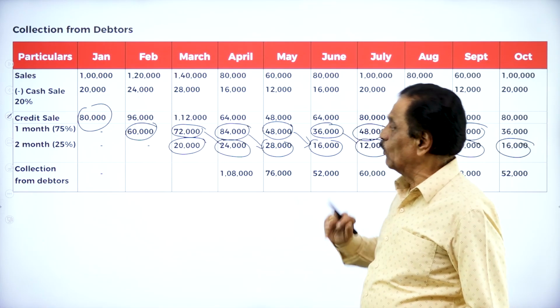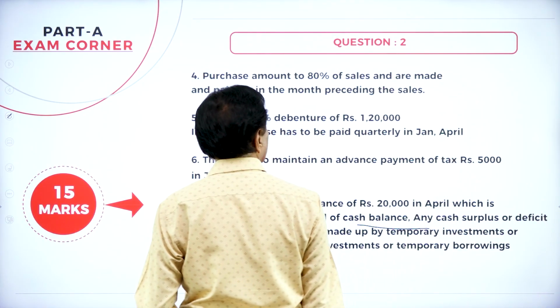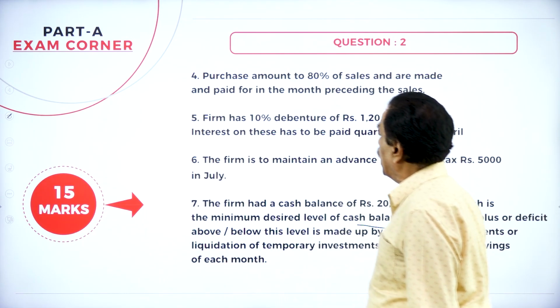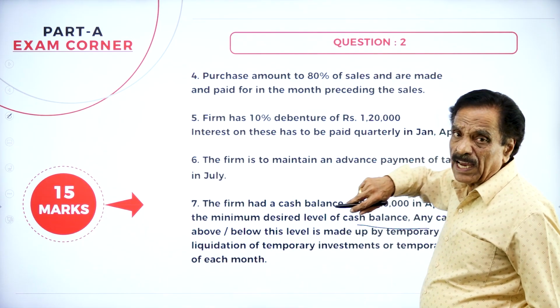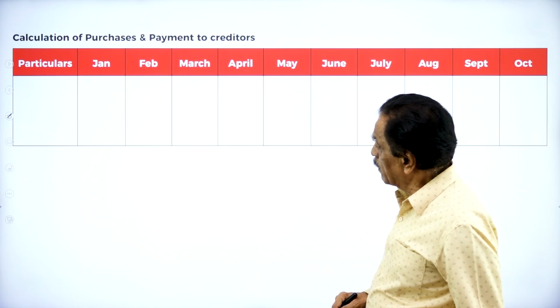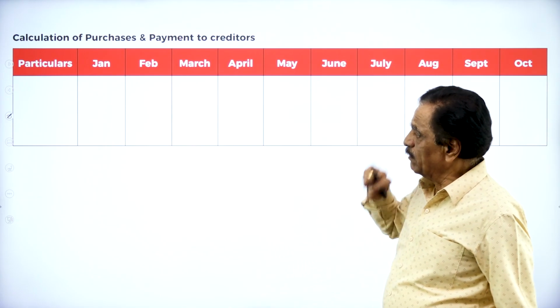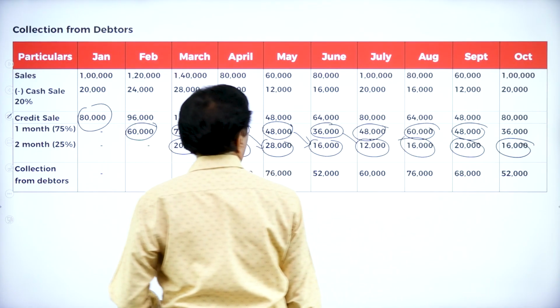This is your inflow. Regarding the purchases, 80% of sales are made and paid for in the month preceding the sale. So for next month's sale, you have to pay 80% here. You have January, February, and it will go like this.